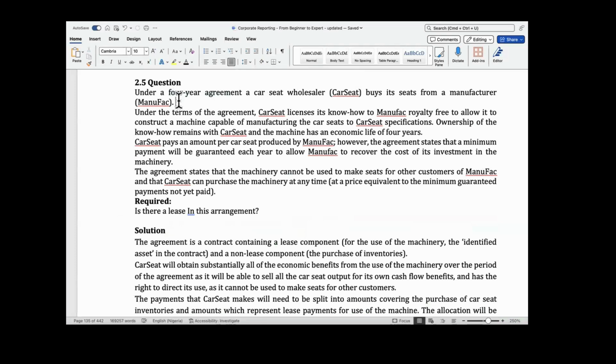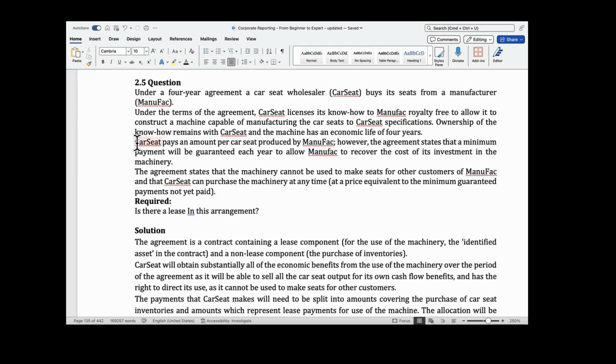We're now told that under the terms of the agreement, car seats licenses its know-how to manufacture royalty free to allow you to construct a machine capable of manufacturing the car seat to car seat specifications. Ownership of the know-how remains with car seats, and the machine has an economic life of 4 years.